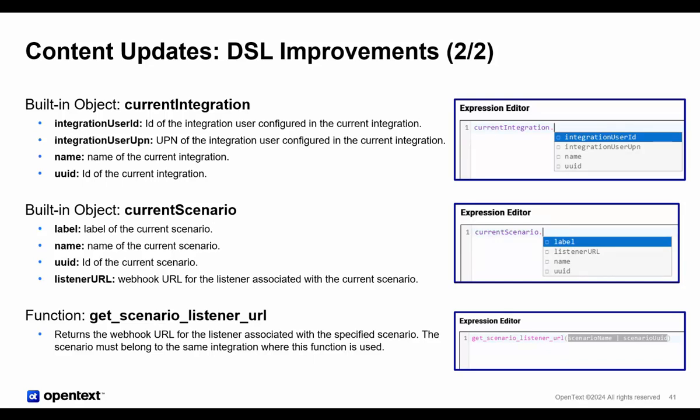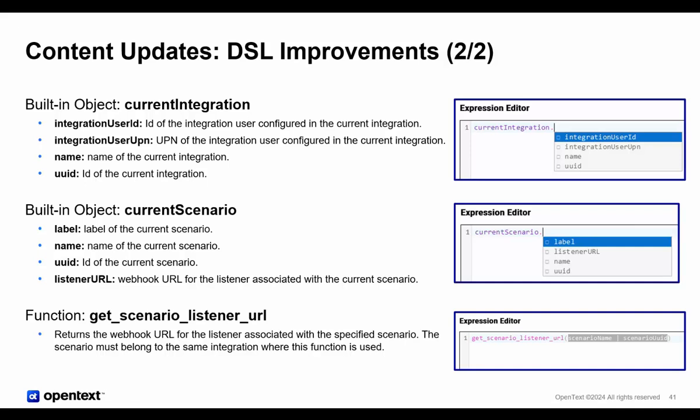And then we've also added the object for current scenario as well. So you can get at the label, the name, the ID, or the webhook URL associated with the current scenario. Maybe if you want to drive some decisions and different approaches based on those attributes.